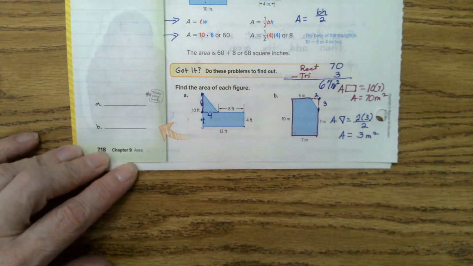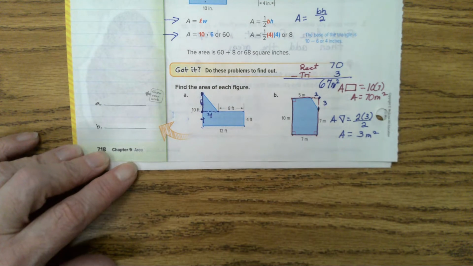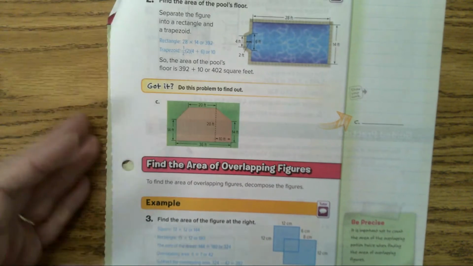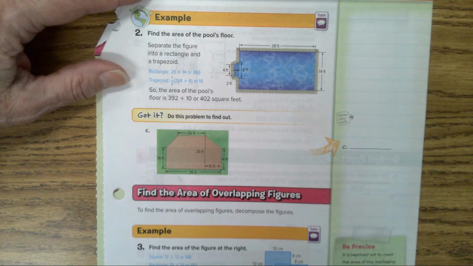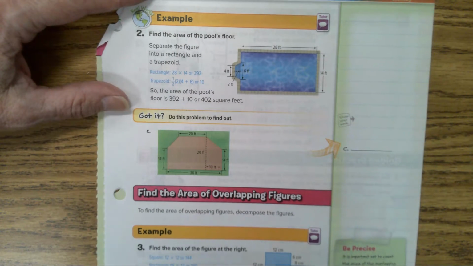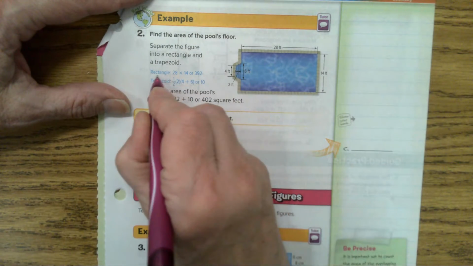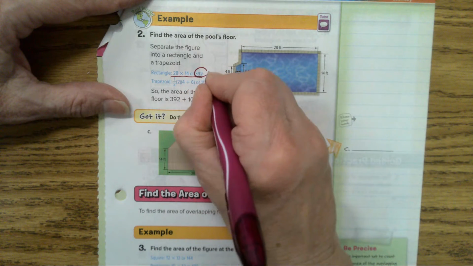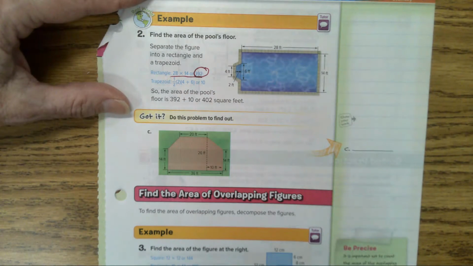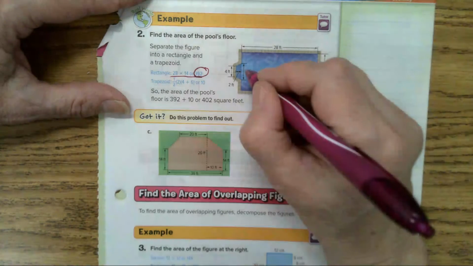Kids, this is all, when you take your math tests on Mastery Connect, here we have example 2, the swimming pool problem. This one, you find the area of the rectangle, and it's 392. Circle 392. Then you find the area of that trapezoid.